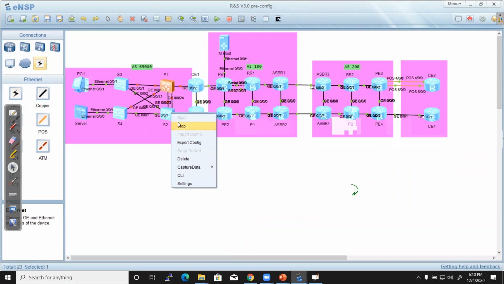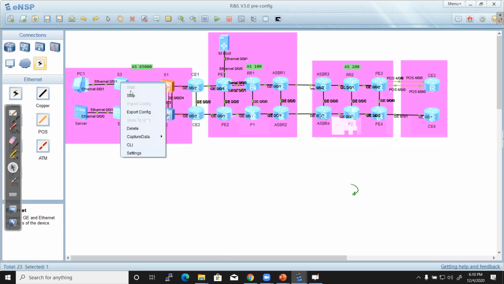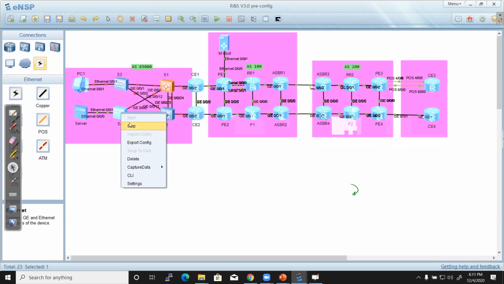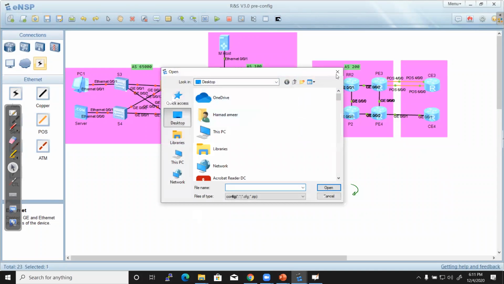Let me load the configurations of these devices, import the configurations.